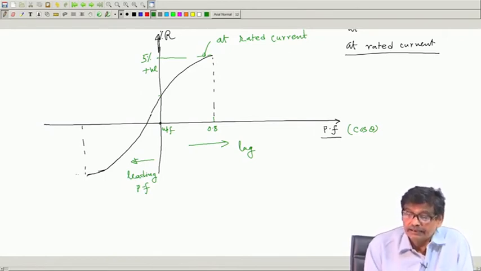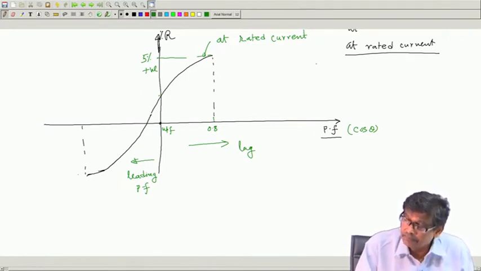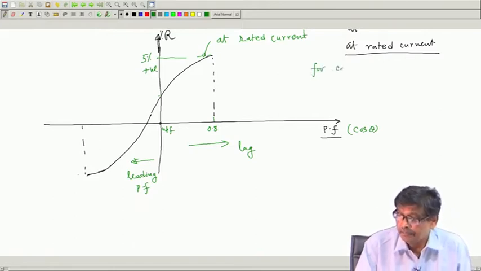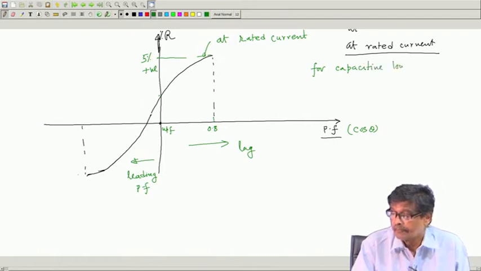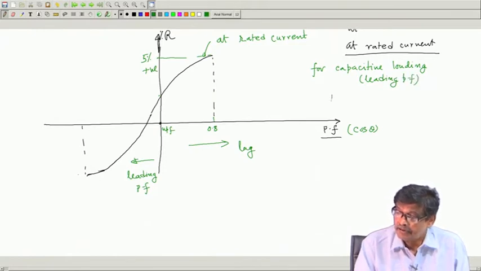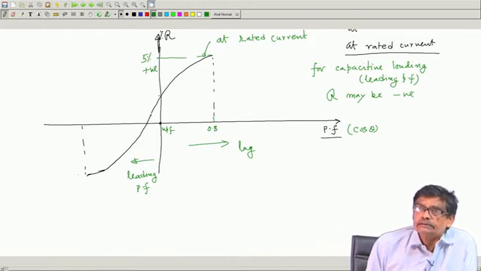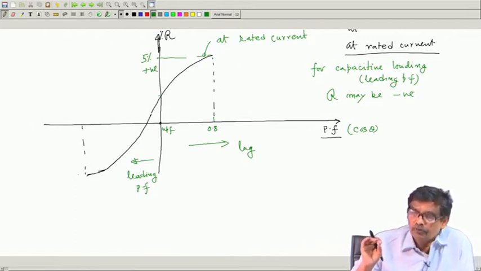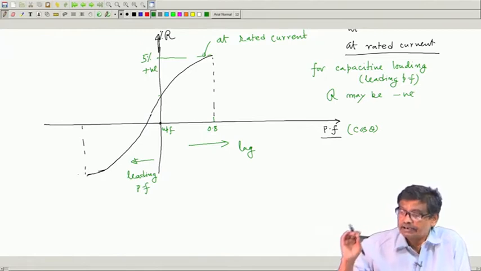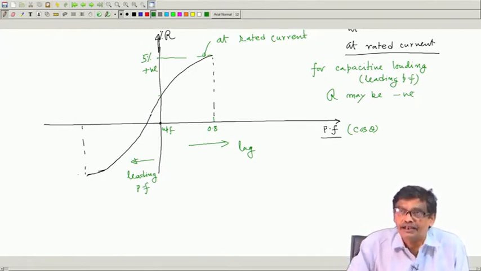So, it looks like for capacitive loading, for some capacitive loading, that is leading power factor, regulation may be negative, indicating that with respect to the voltage when no load is connected, when you connect a leading power factor load, terminal voltage will rise.